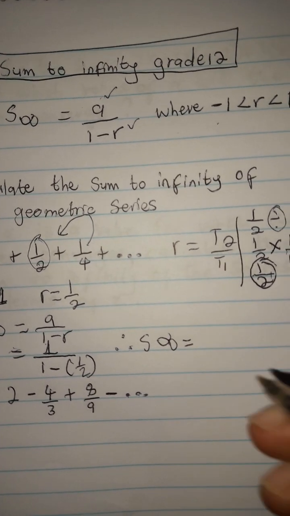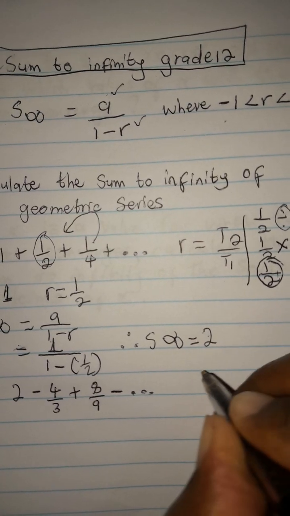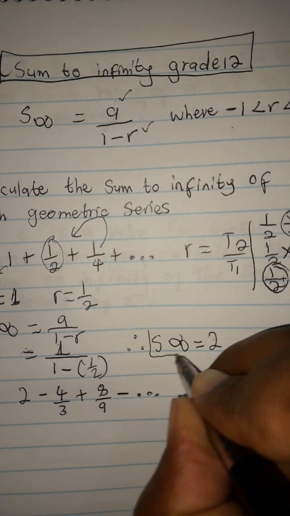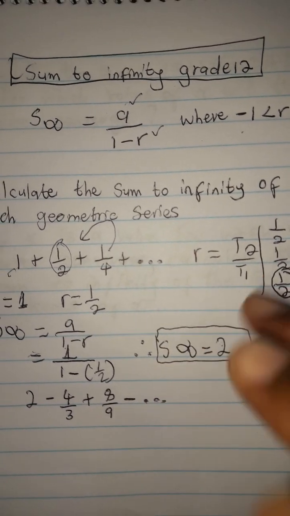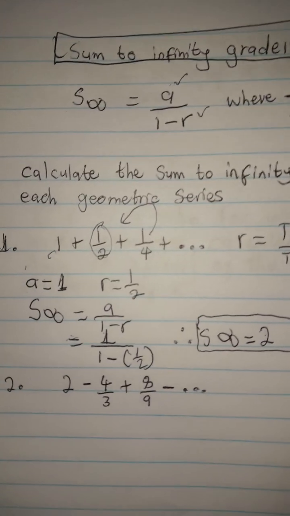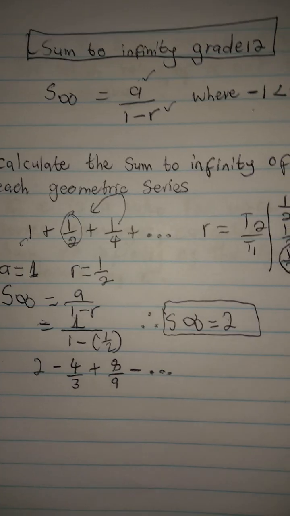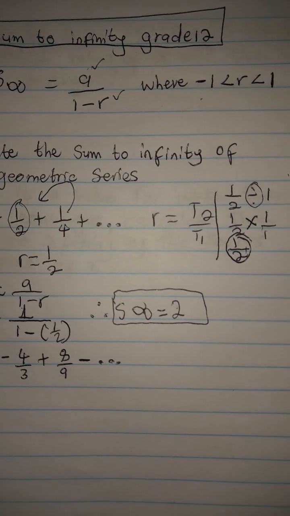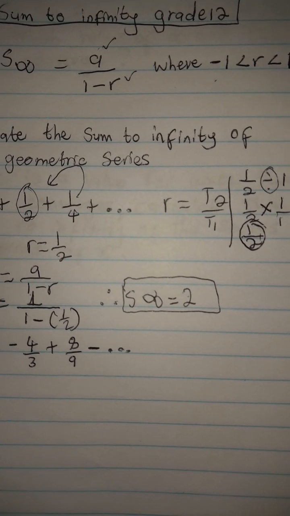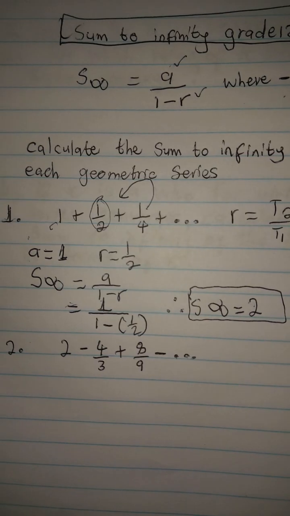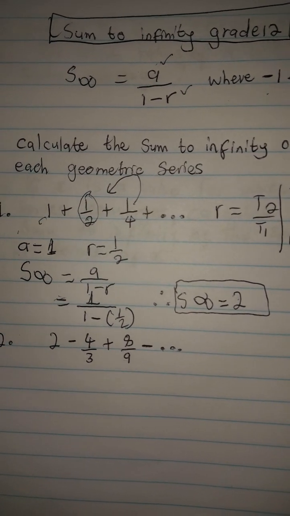When we punch our calculator, we get that sum to infinity is equal to 2. I hope that makes sense, guys. That's how we work with calculating the sum to infinity of a geometric series.